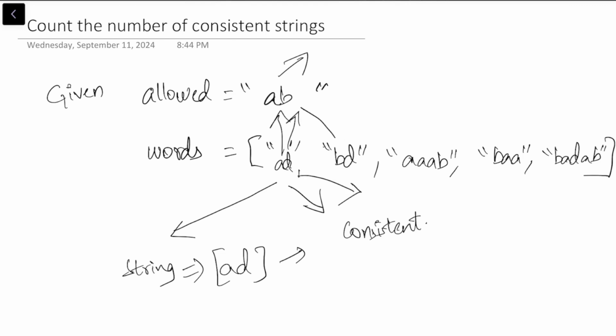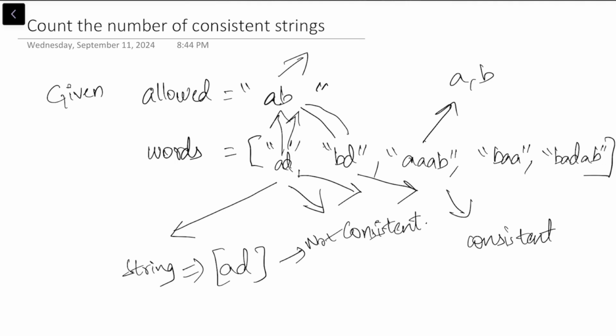For BD, B is there but D is not, so this is also not consistent. If you see this one, A is there, B is there in the allowed string. How many ever times it repeats, it doesn't matter. If it is there, then we say it is consistent. So we need to return how many of them are consistent. That's the result we need to return.